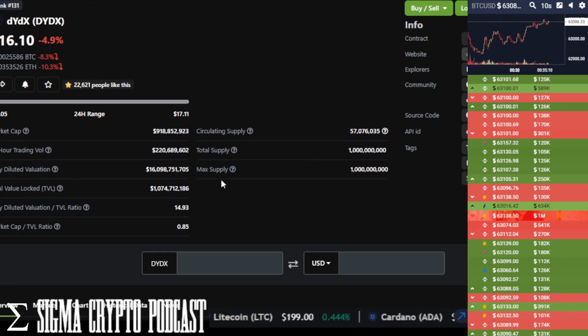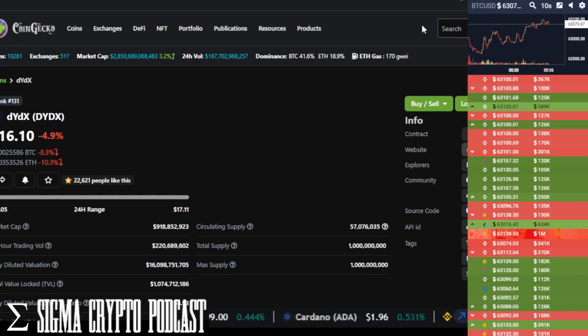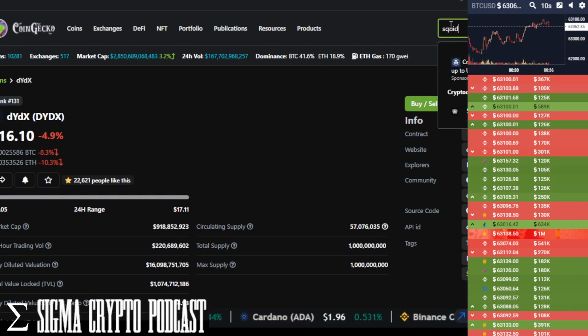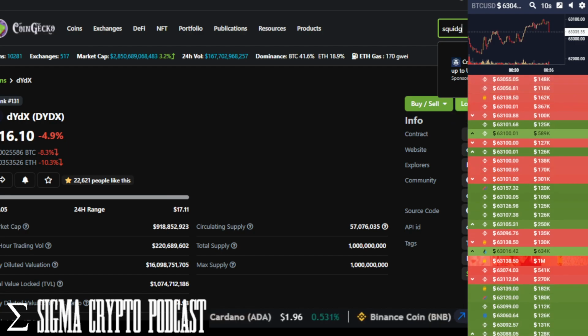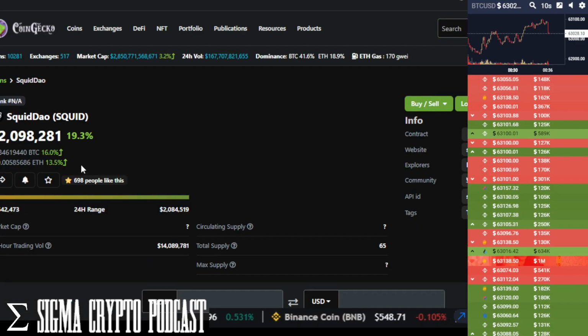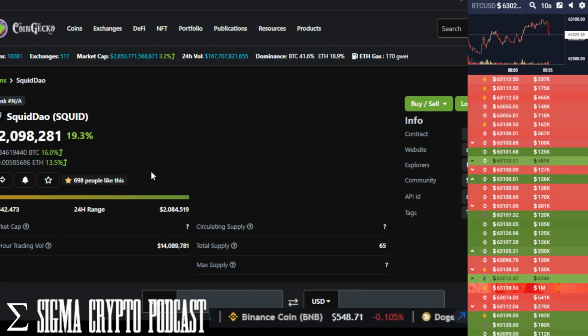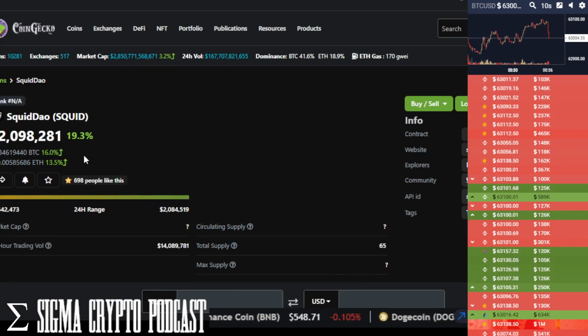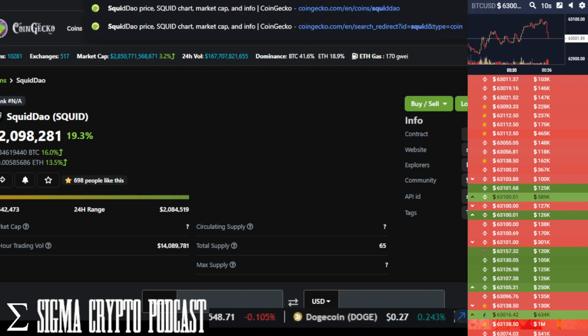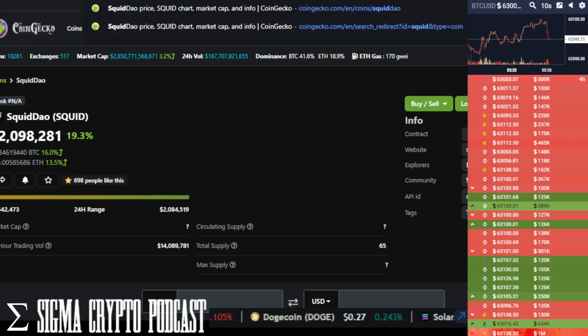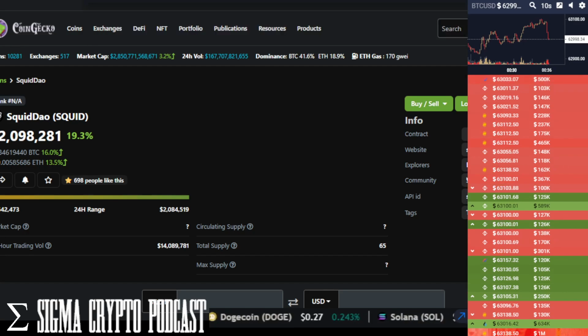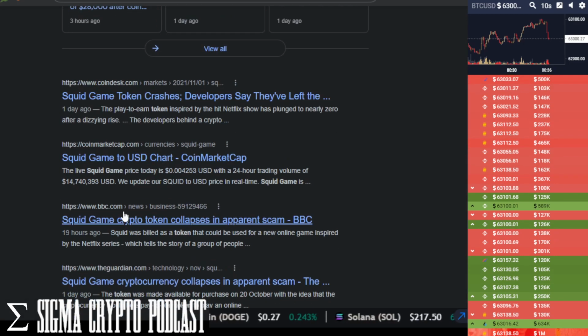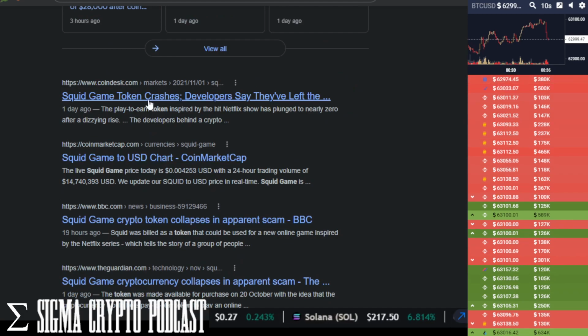There's a Squid Game token. You guys know about that Squid Game token? It was like $10 or something, and then it went to zero. It got rugged. Is it Squid DAO? I think it's Squid Games WBNB, on Binance Smart Chain. That's a scam. Just type Squid Game or Squid and it'll come up.